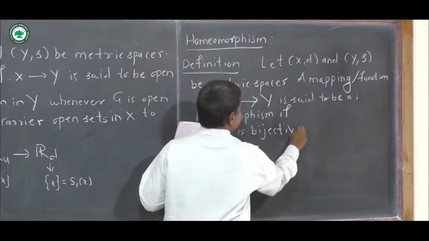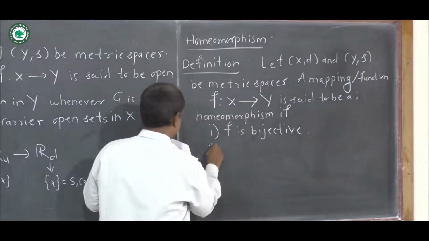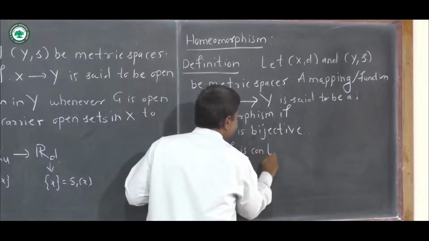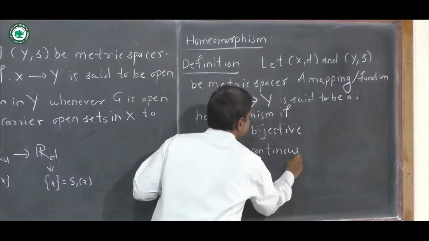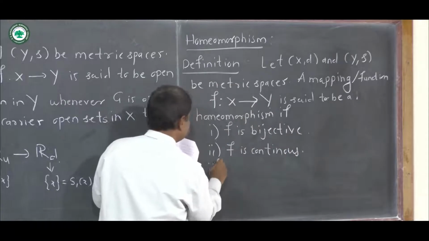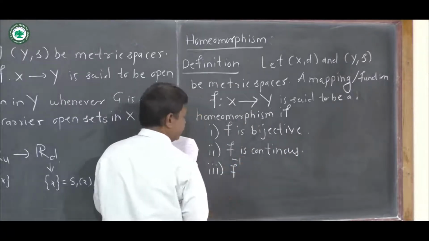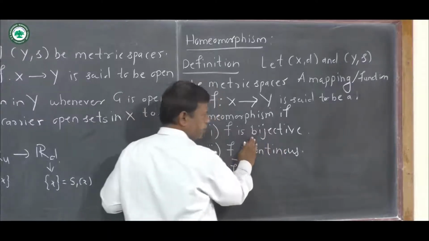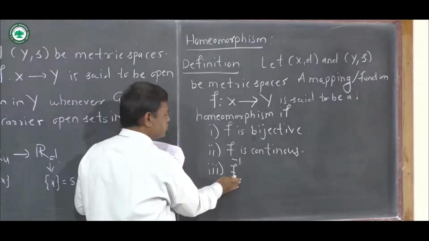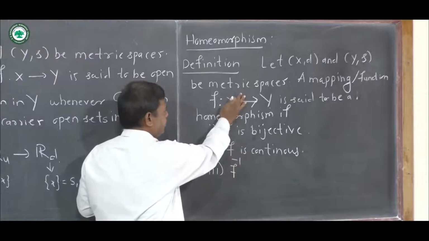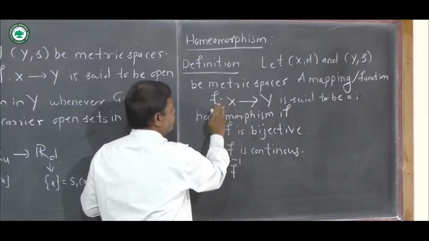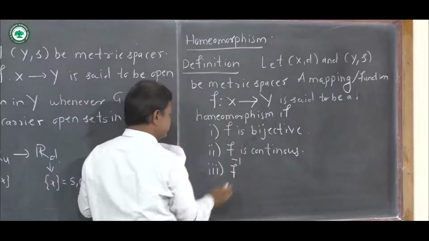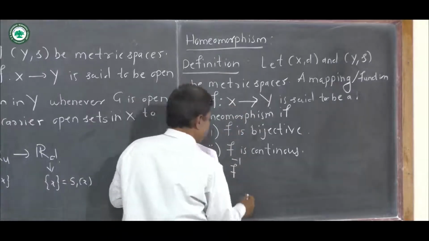If f is bijective, then second, f is continuous. Third, the map f inverse exists because we know that f is bijective. So since f is bijective, we write f inverse as a map from Y to X, the inverse function of f.